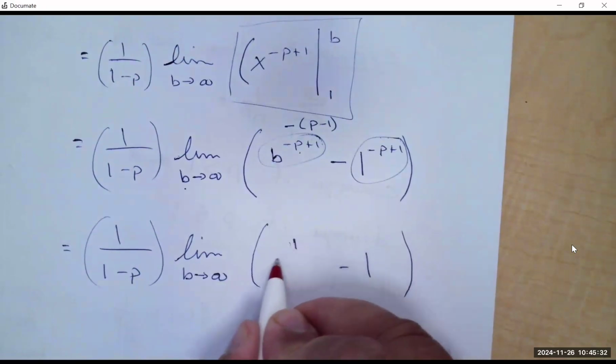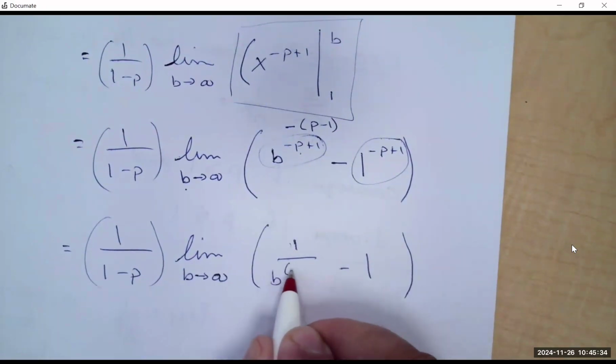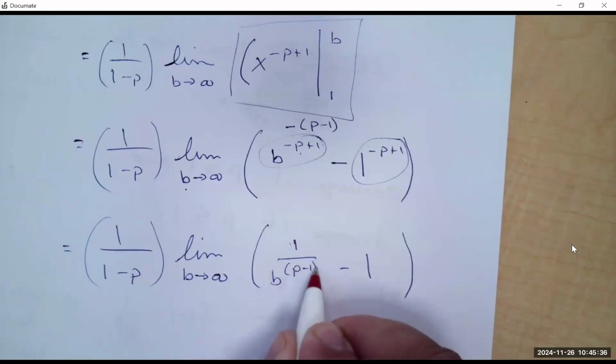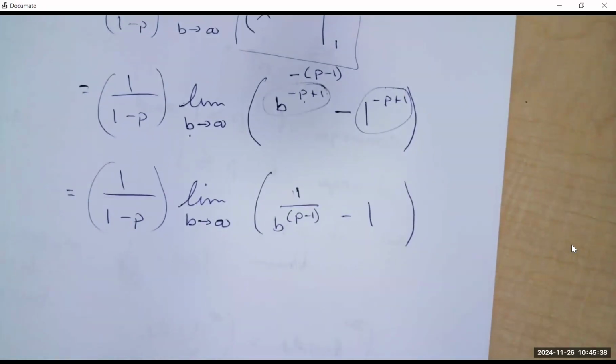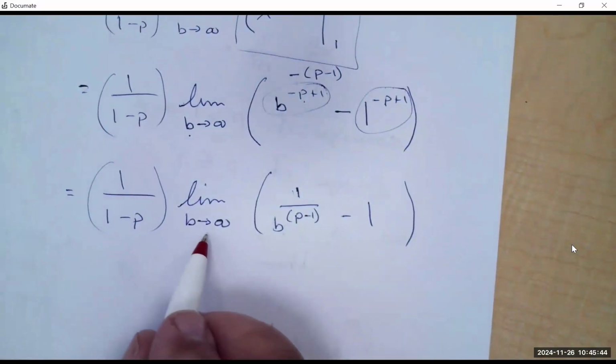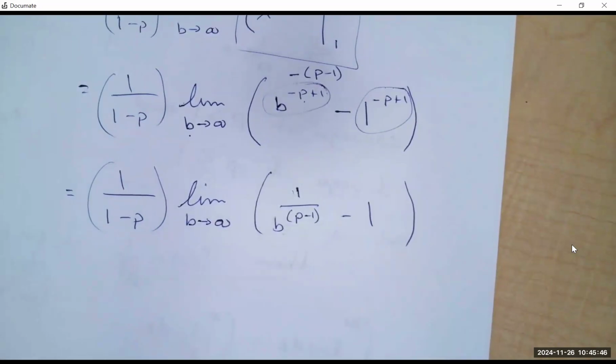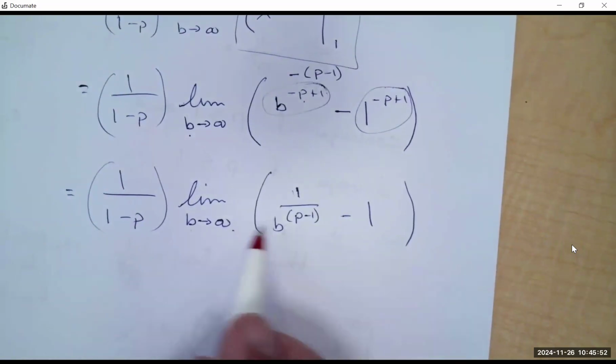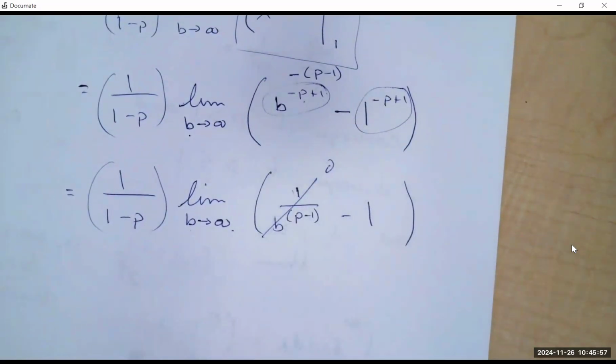So it becomes 1 over b to the p minus 1, as a negative exponent. Why is that important? Because as b goes to infinity, what happens? As b goes to infinity, what happens inside here? It goes to 0.